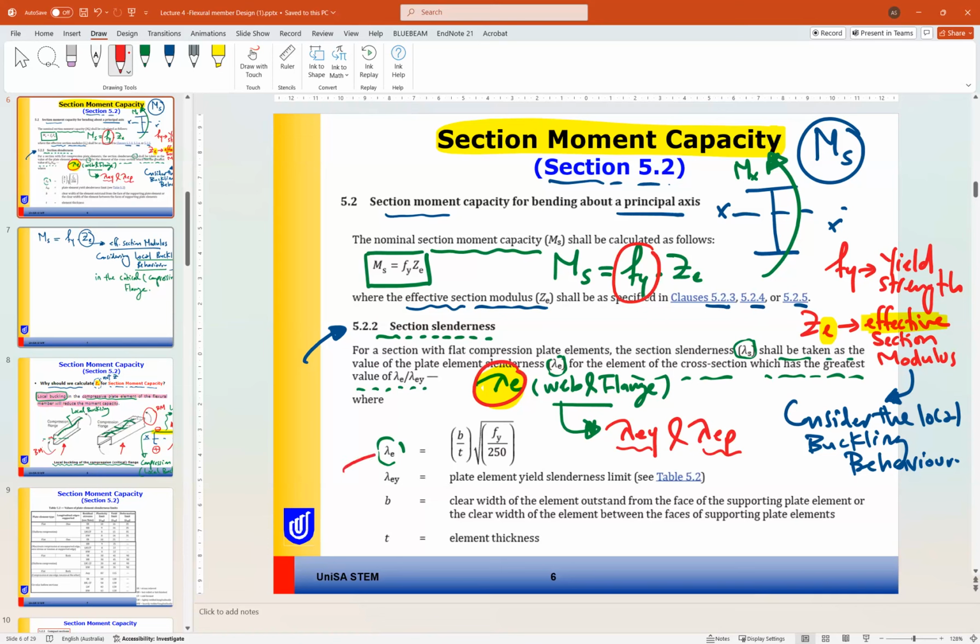Lambda e equals b divided by t times the root of F yield divided by 250. We have seen this before in the axial compressive member, same concept. Lambda ey will be the plate element yield slenderness limit, which we will see now. b is the clear width of the element outstand from the face of the supporting plate. t is the element thickness.